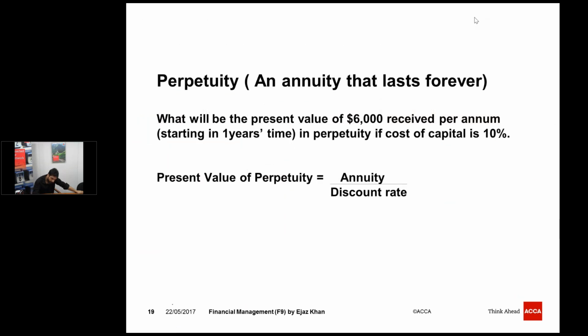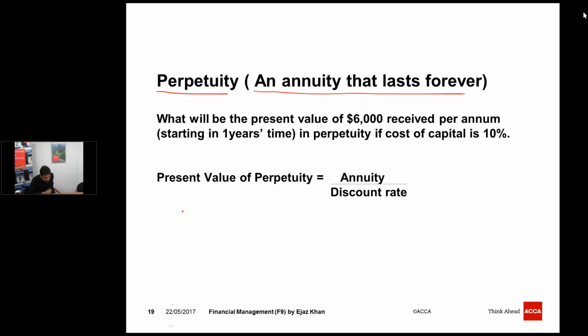Now let's discuss another concept, that is perpetuity, an annuity that lasts forever. Suppose that we buy a share of a company, and against that share we'll be receiving dividends. But when we buy a share of a company, we are not entitled to a definite period of dividends.